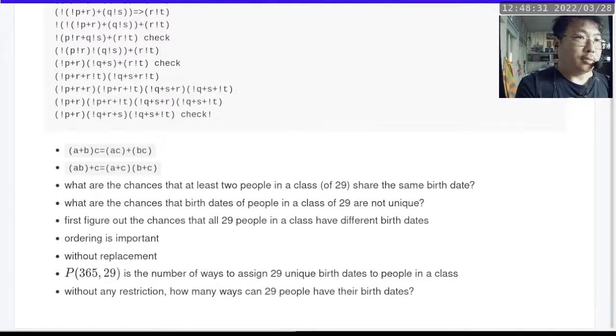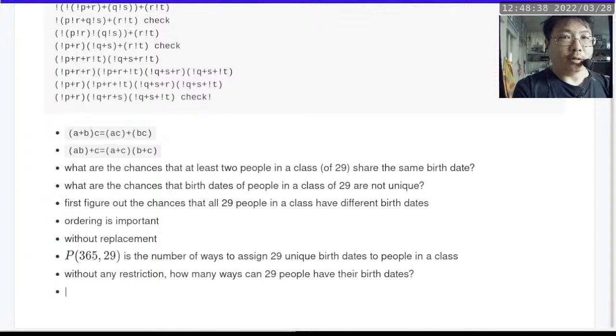In other words, we are trying to figure out, with this kind of experiment, what is the cardinality of our omega.